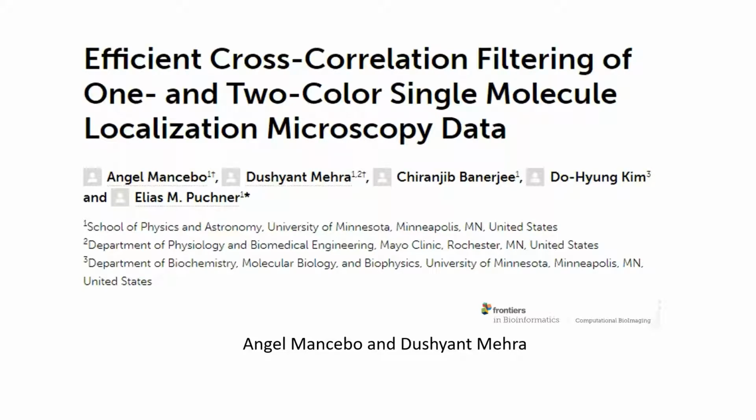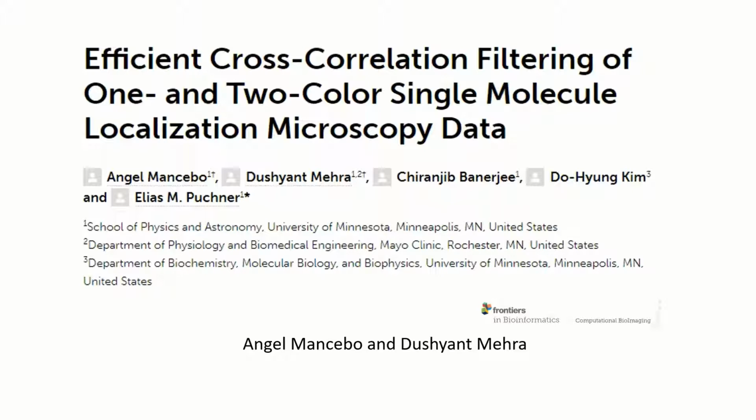Hello, my colleague Angel and I are presenting the software behind our paper, Efficient Cross-Correlation Filtering of 1- and 2-color single molecule microscopy data. In this work, we will discuss the importance of co-localization in microscopy, and how single molecule localization microscopy can help aid in studying co-localization and protein clustering.